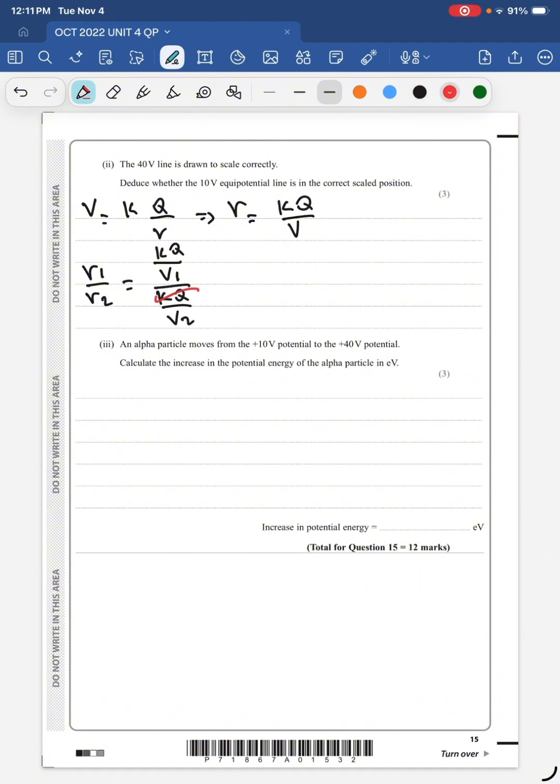So kQ cancels. So this is equal to V2 over V1. Therefore, r2, the one at the 10 volts, is equal to V1 over V2 times r1. So it should be at about 4 times r1, okay?